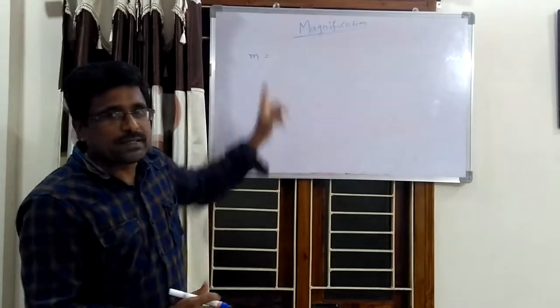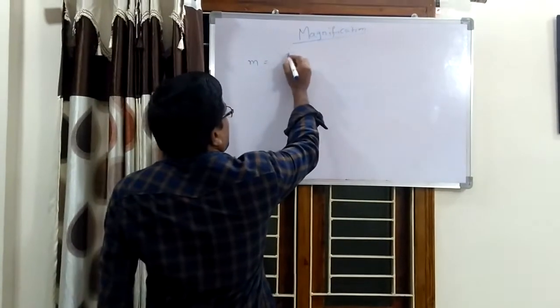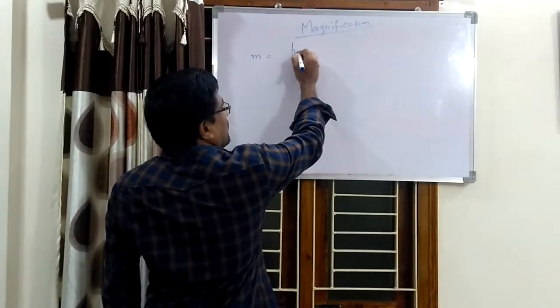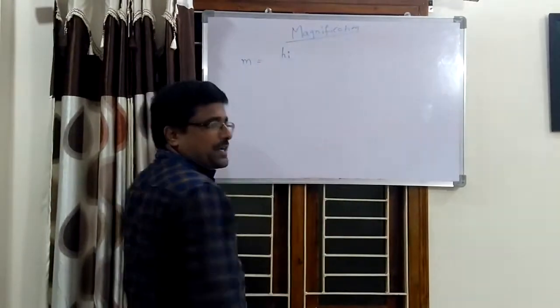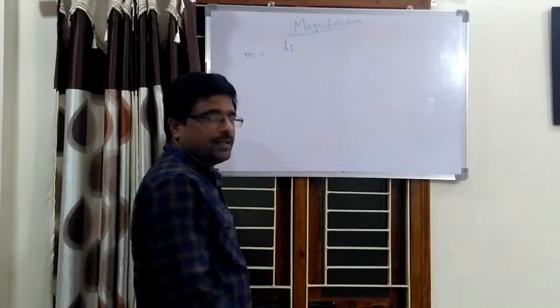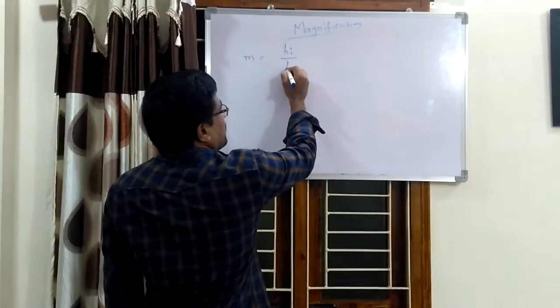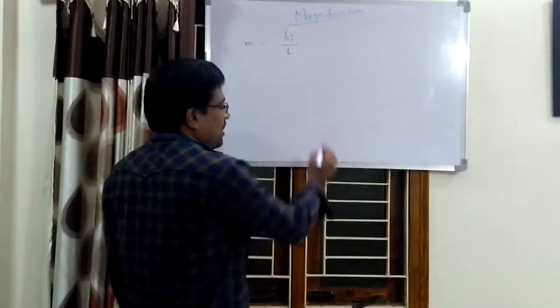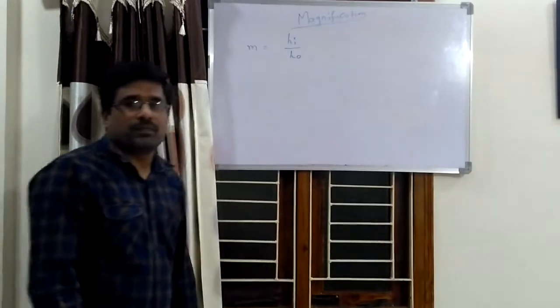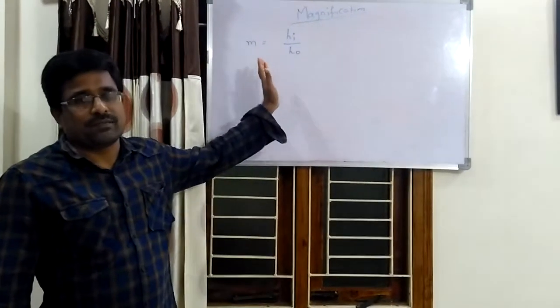Hence M is equal to height of image hi by height of object ho is called magnification.